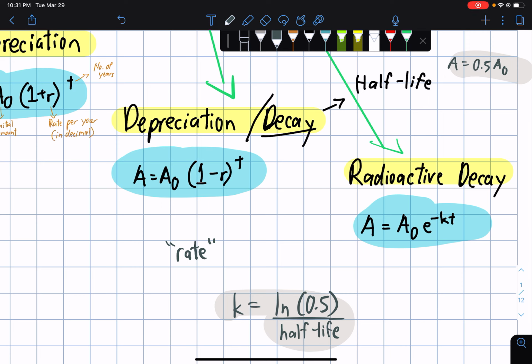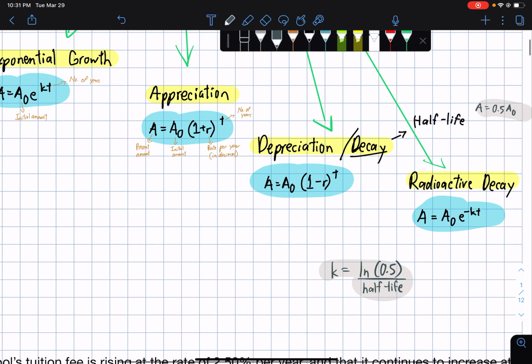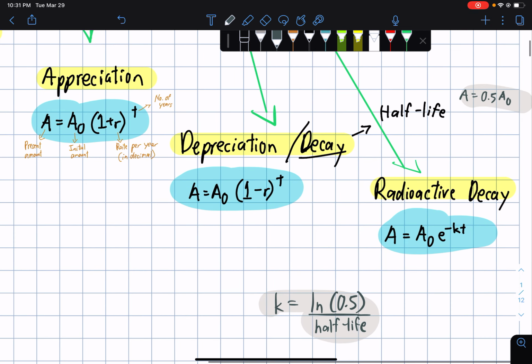It hasn't been 100% proven yet, but I think it works just fine. If there's no mentioned rate, that might suggest that this is the formula that we'll be using. And apart from that, what you have to know is that decay involves half-life.